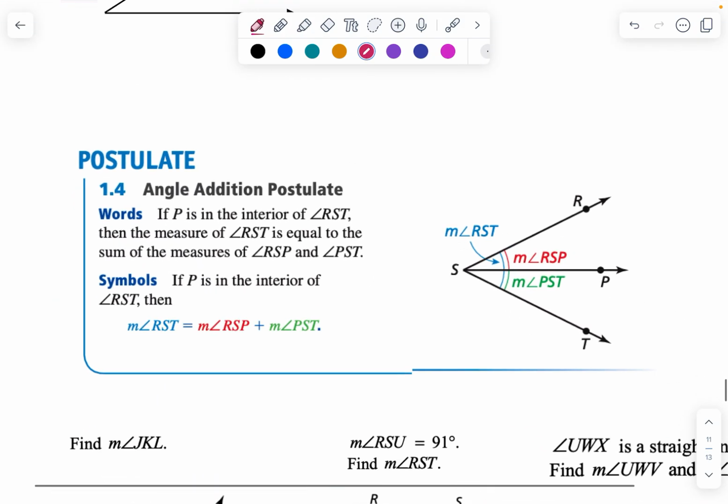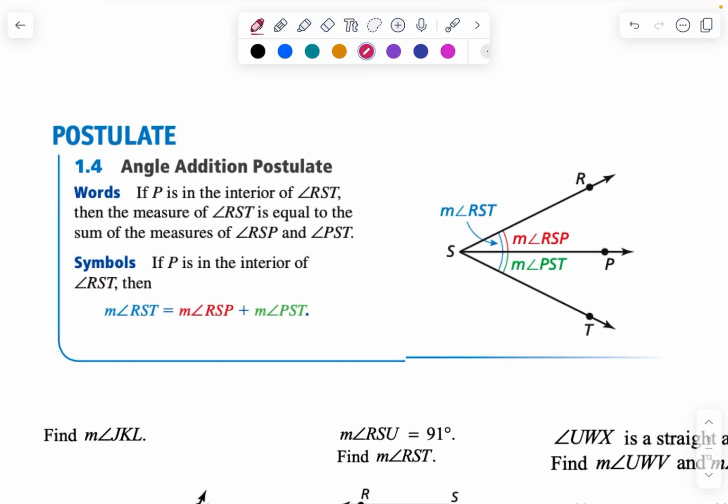So finally, we have the angle addition postulate. And just like segment addition, it's a postulate, so we don't prove it. We're just like, okay, that makes sense. And so when we have two angles together, notice we have this angle and this angle that have a common side, right?